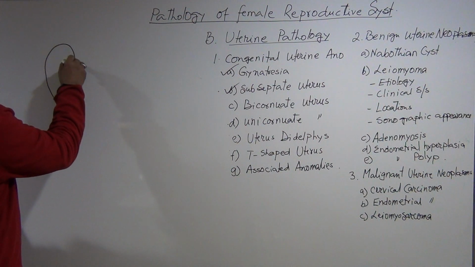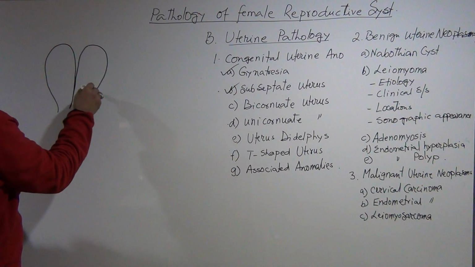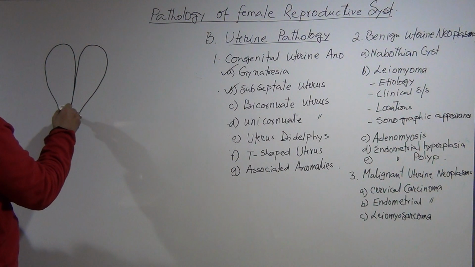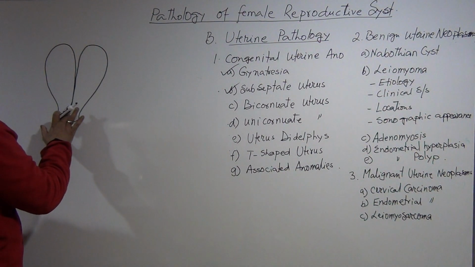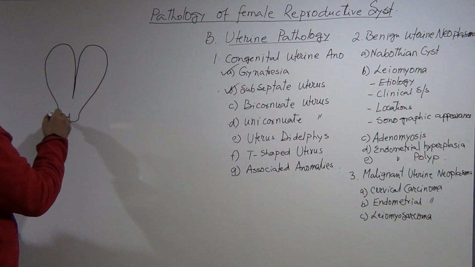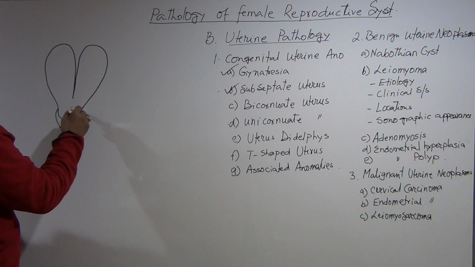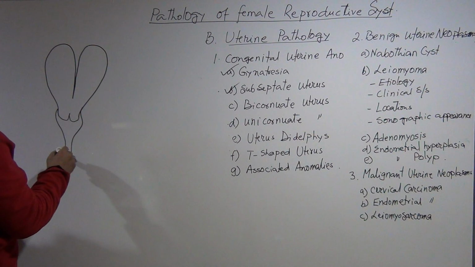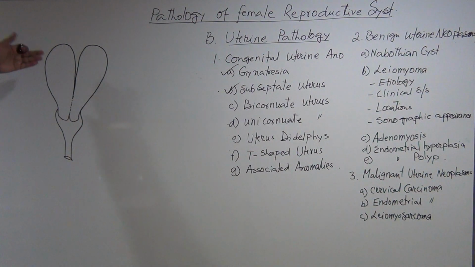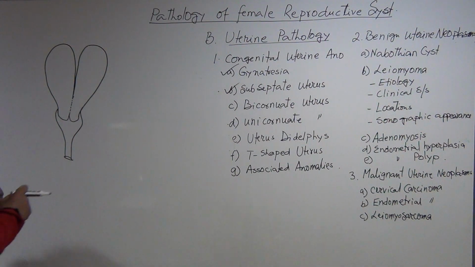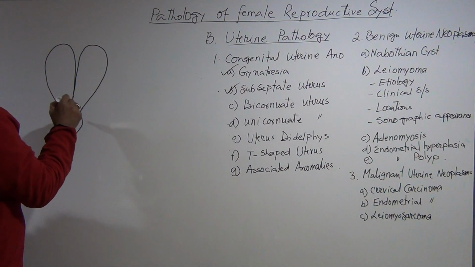Two heads means two fundus. So now how many fundus here? The two. That's why bicornuate.